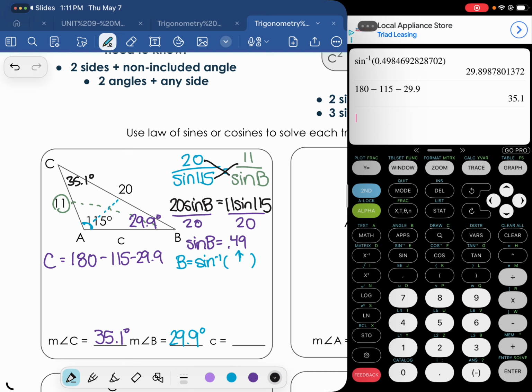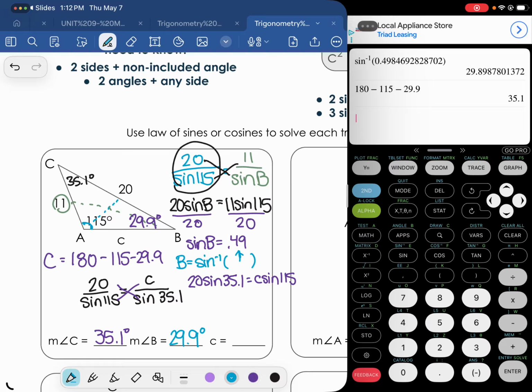Now I had to know that because I can keep this same fraction from up there. 20 over sine 115 equals, but instead of using B, I need to find c. So I'm going to put side c over the sine of 35.1. And then I cross multiply: 20 sine 35.1 equals c times the sine of 115.